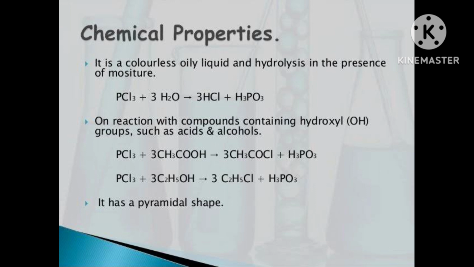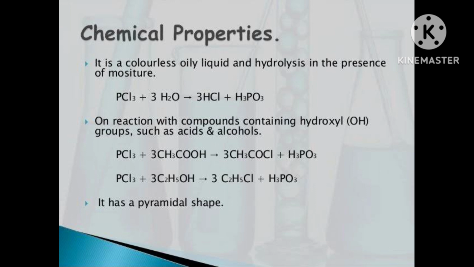Here you should understand very easily: phosphorus is there, then 5 bonds will be there, with 5 chlorines. Two chlorines will join at 180 degrees, straight away.